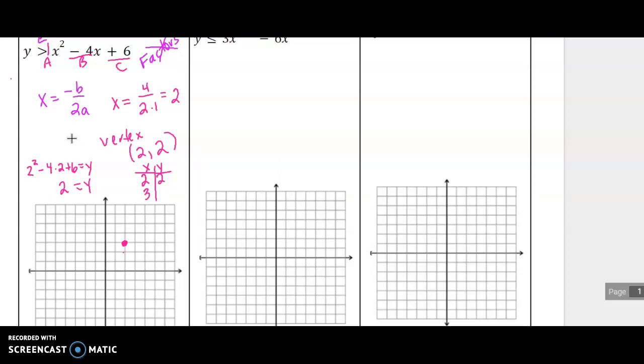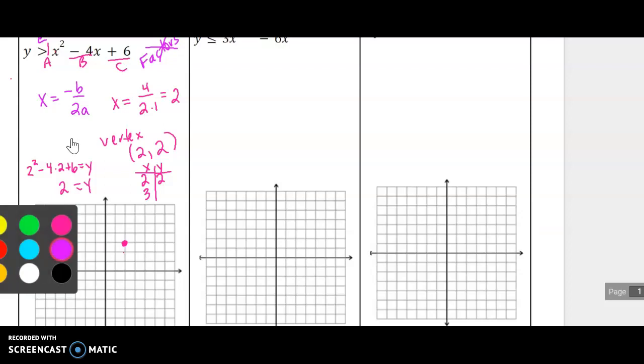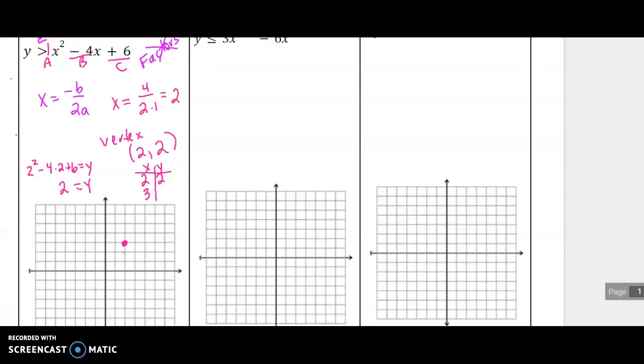And then we want to plug x equals 3 into the original equation as well to find the y value. Let's use red. If x equals 3, I get 3 squared minus 4 times 3 plus 6. So we get 3. Okay? So 3, up 3.